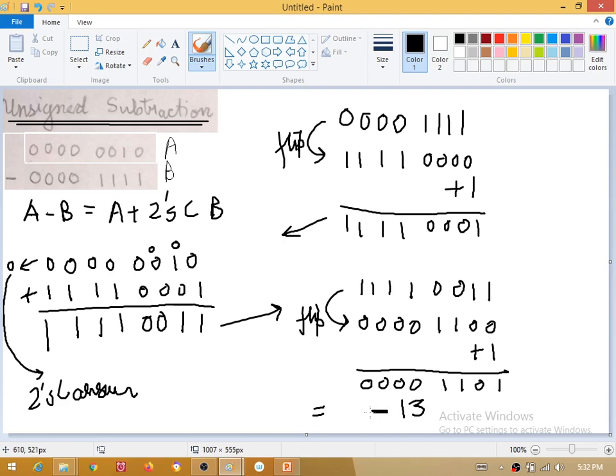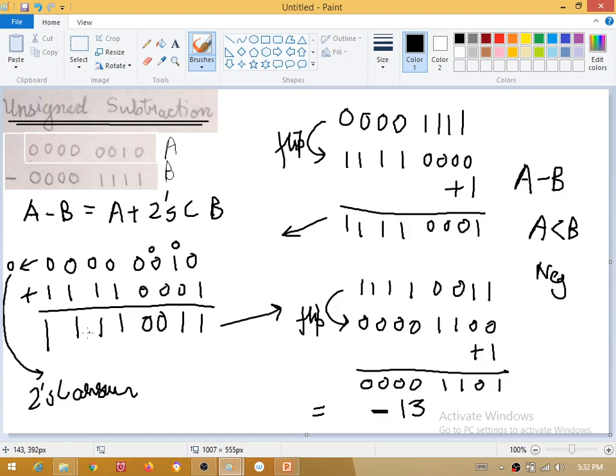minus sign, right? So whenever I have a minus b, and if a is less than b, then it means that my final answer is going to be negative, which means this negative number cannot fit into the unsigned representation.